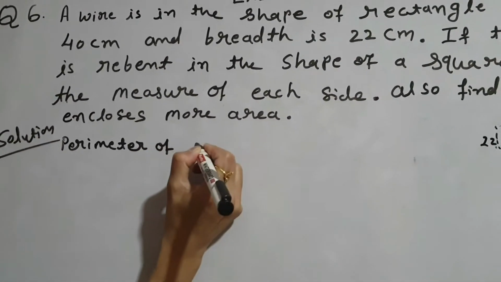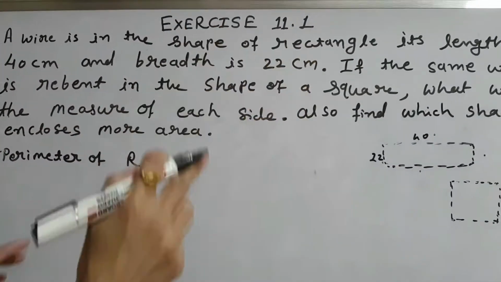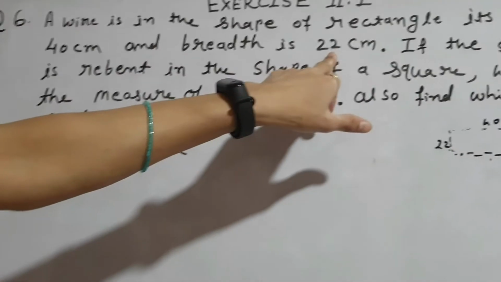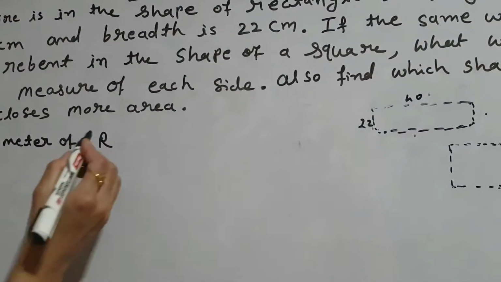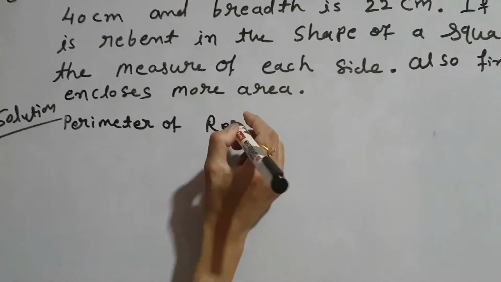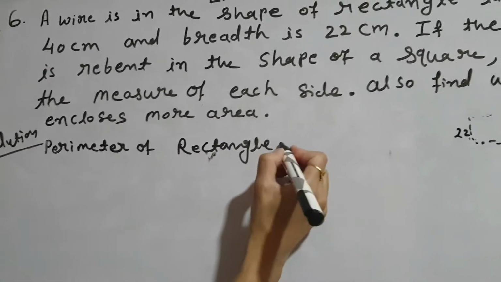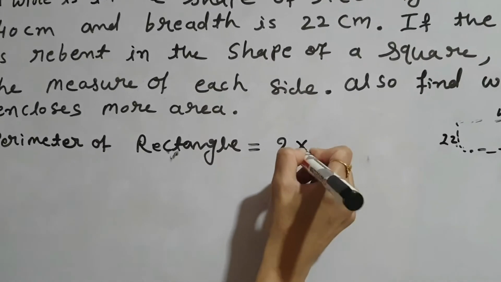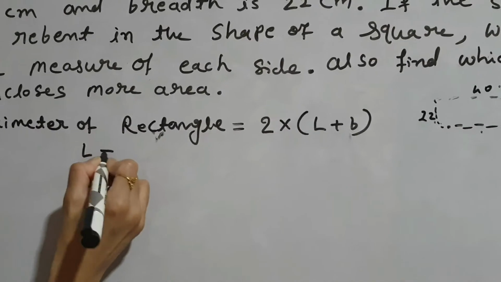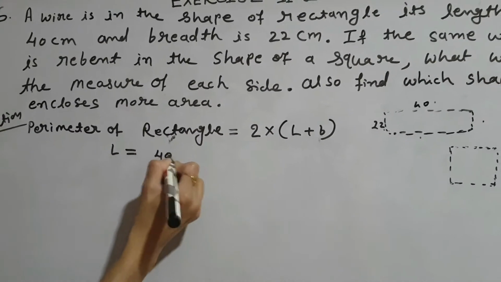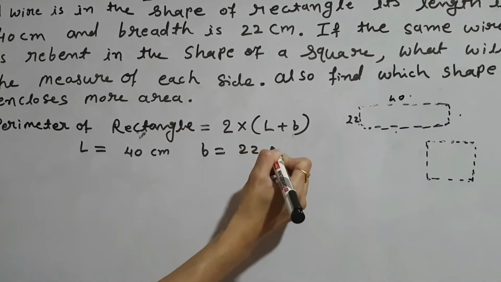Perimeter of rectangle. Because the wire is in rectangular shape and length and breadth have been given, we will find out the complete length of the wire. Perimeter of rectangle is equal to 2 multiplied by length plus breadth. Now length equals 40 centimeter and breadth equals 22 centimeter.